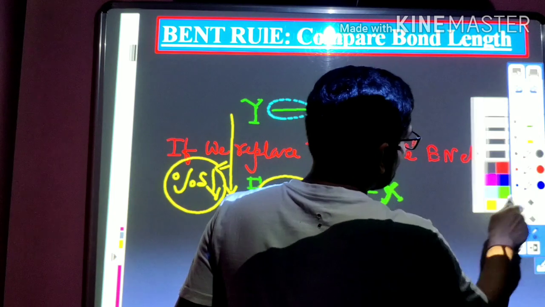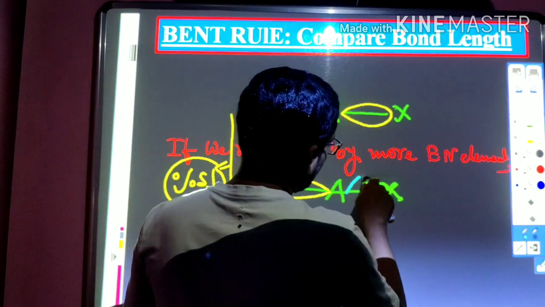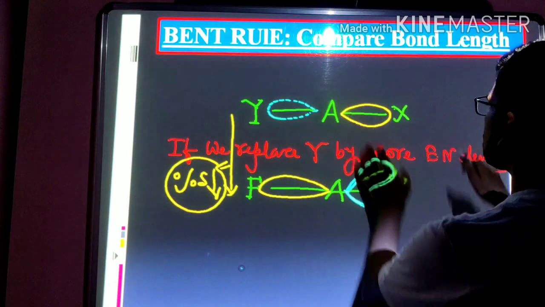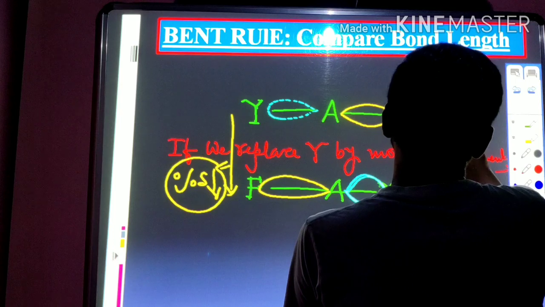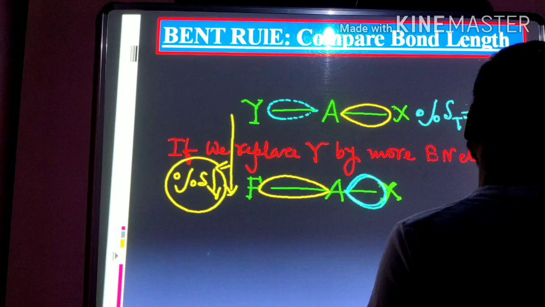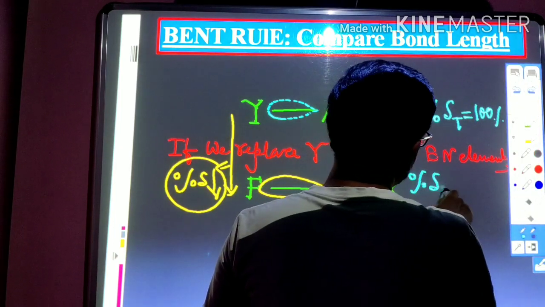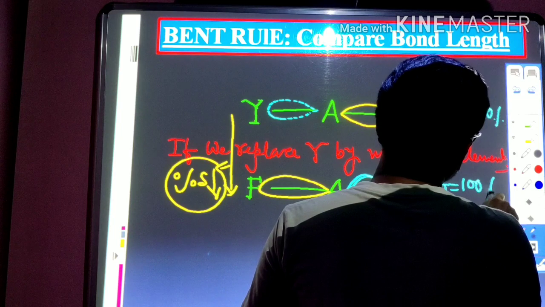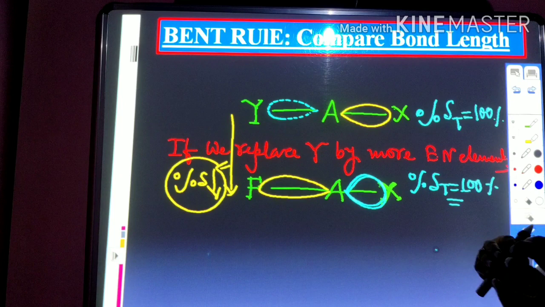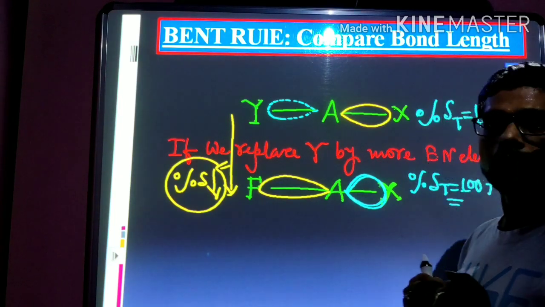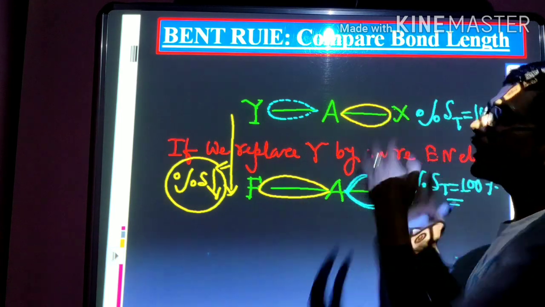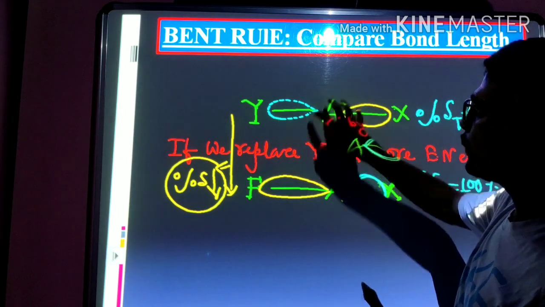So how does it look? It looks better like this. See, the total percentage of S character here is 100%, and here also 100%. It won't change. But the bond will make that adjustment: if in one bond it decreases, then in the other bond it will increase. Okay, so this is very interesting.